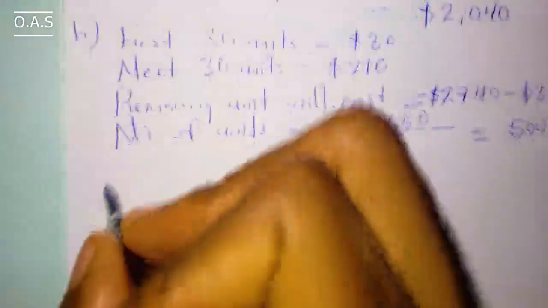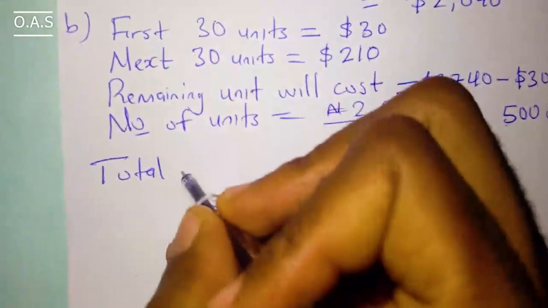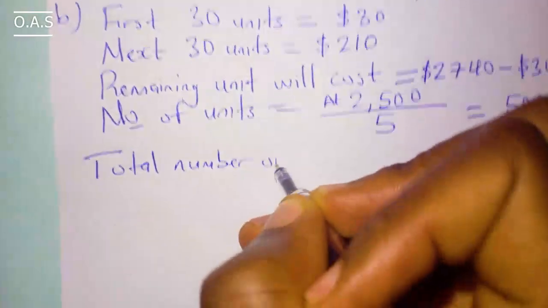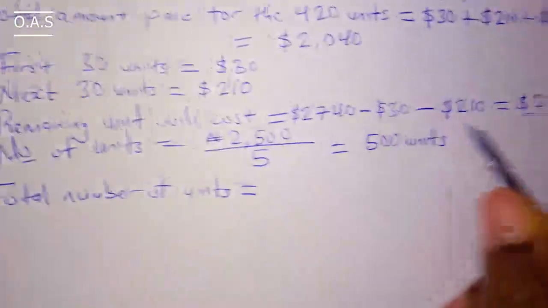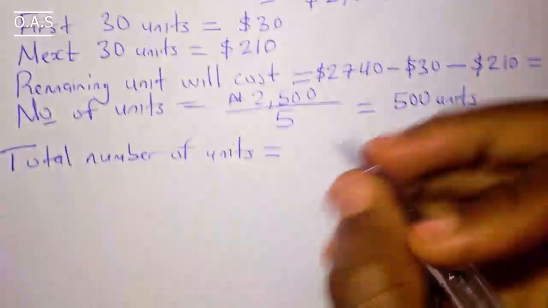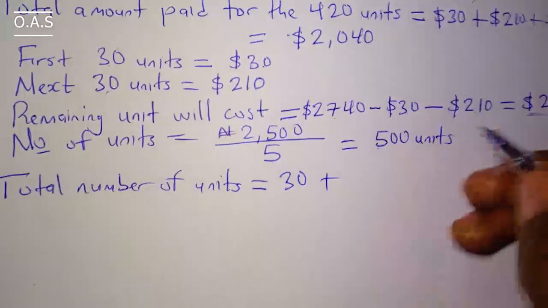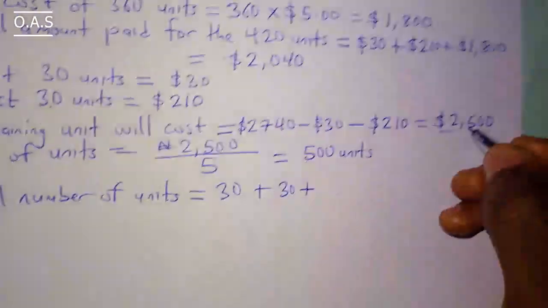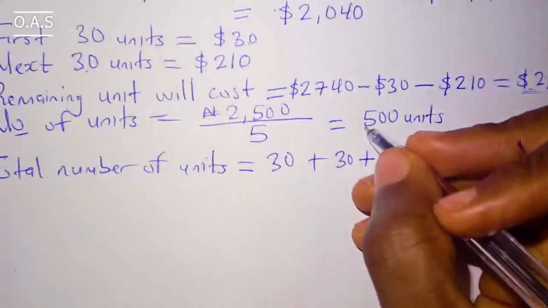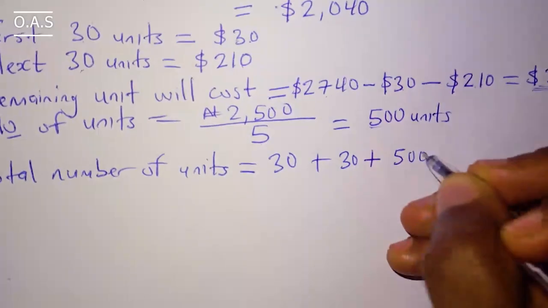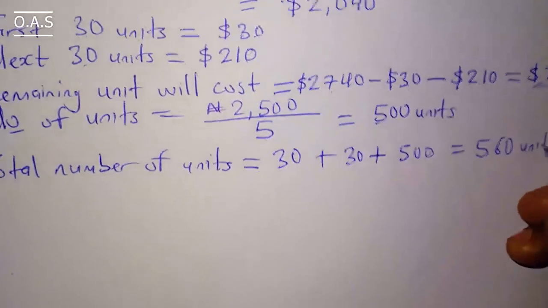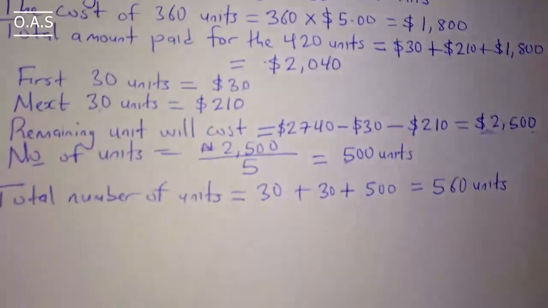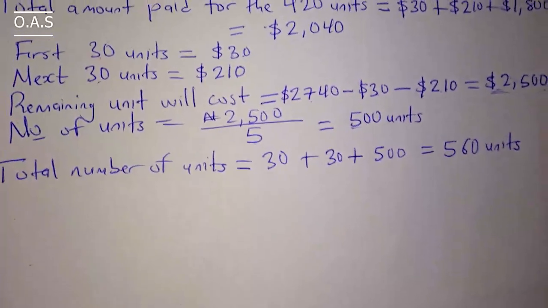So total number of units is then going to be equal to, now the first 30 units, that was this $30 we have here, plus the next 30 units, that was this $210 we have here, plus 30, plus then $2,500 we have here. We said it is for 500 units, plus 500, and that's going to give us how many units? 560 units. So it means in the month of February, Amaka consumed 560 units of electricity.